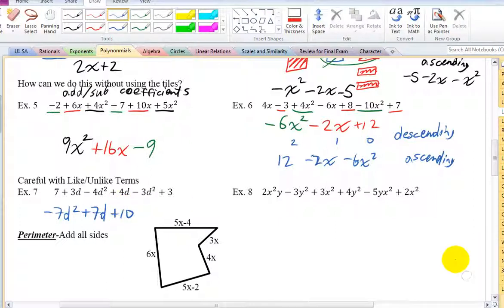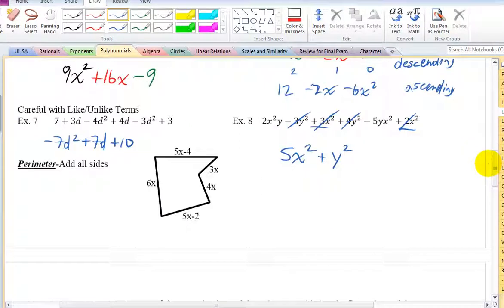So, how many x squared terms are there? 5. You know what you guys can do so you don't miscount? Cross them out. Okay, 5x squareds. How many y squareds? 1. So we don't write the 1. We just write y squared to show that there's 1 there. What if there were 0 y squareds?